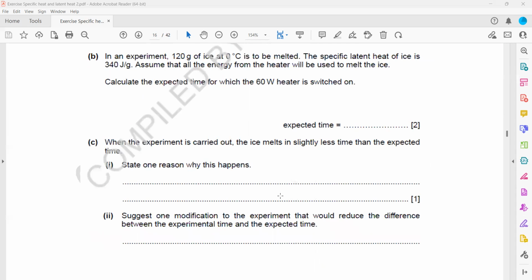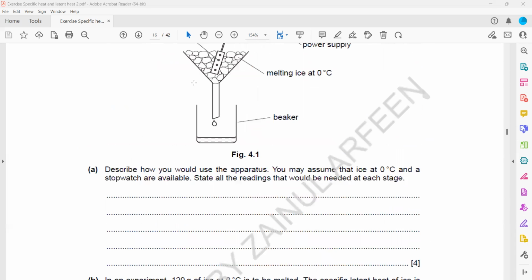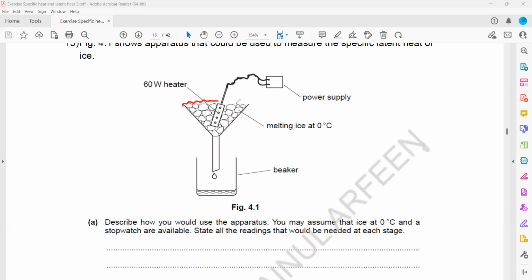And suggest a modification. If we don't want it to gain heat energy from the surrounding, what should we do? We should provide lagging, or an insulated lid if it was a container. We can use any insulating material so it does not absorb energy from the surrounding.